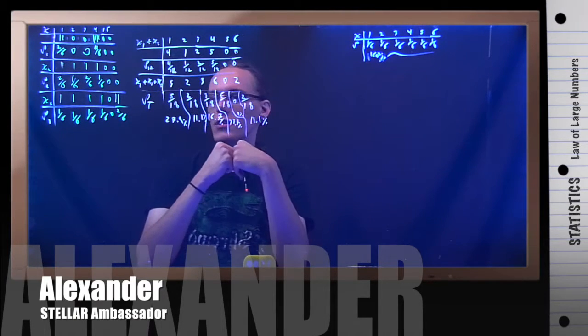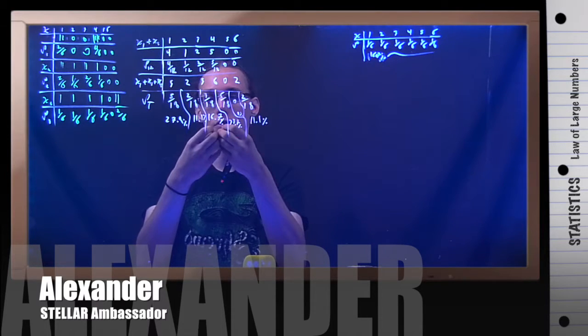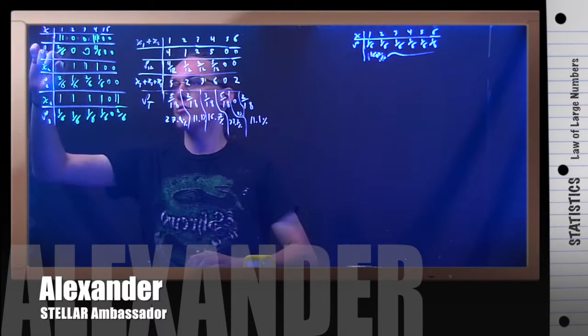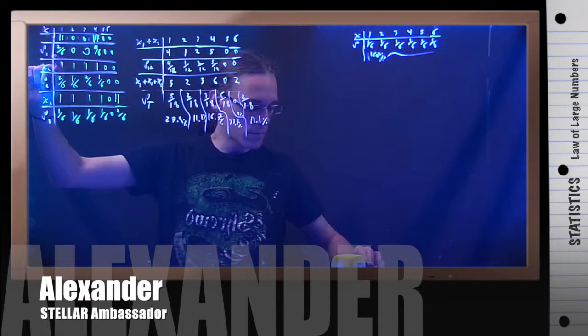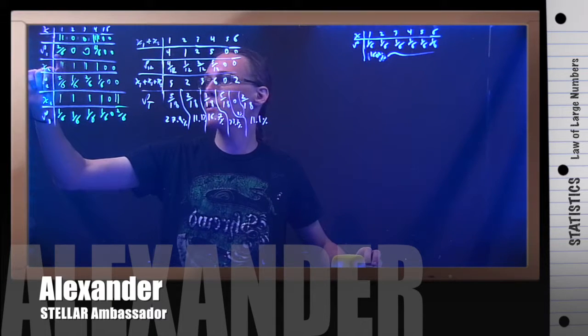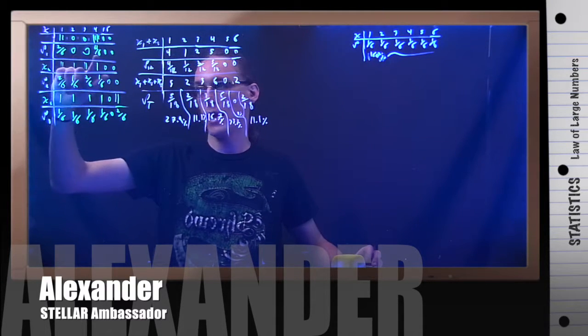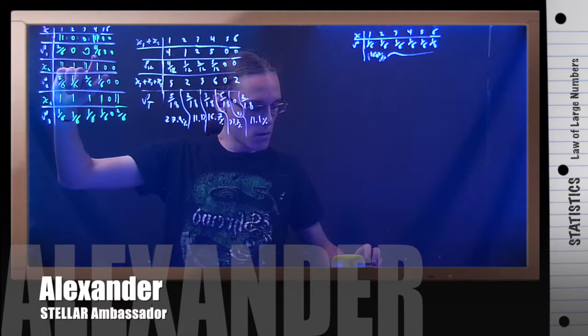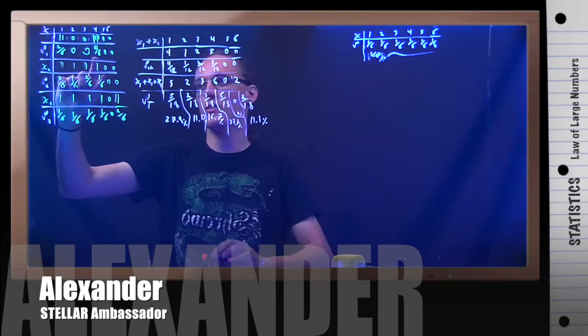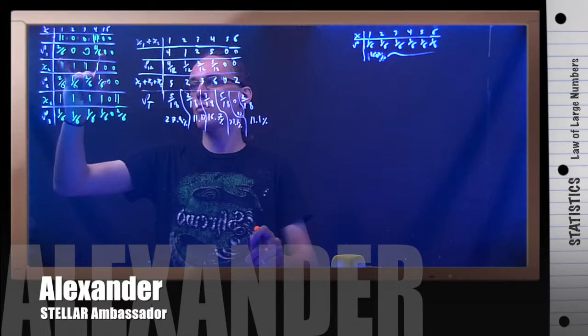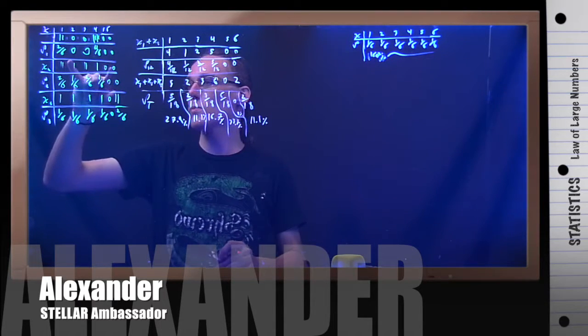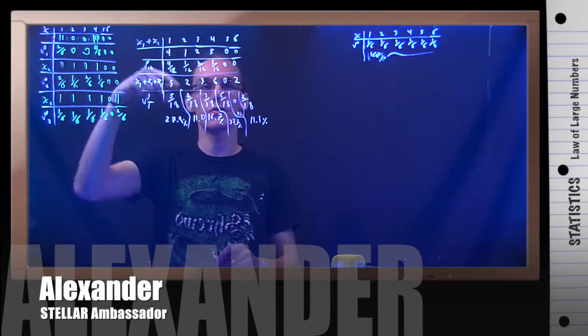Now what this shows is something called the law of large numbers. If you look over here at our first roll, the 2/6 was a 33.3% chance of rolling a 1, and the 4/6 was a 66.7% chance of rolling that. So those were big probabilities compared to this, and we didn't get the other things at all.